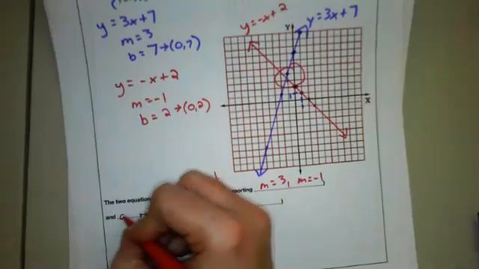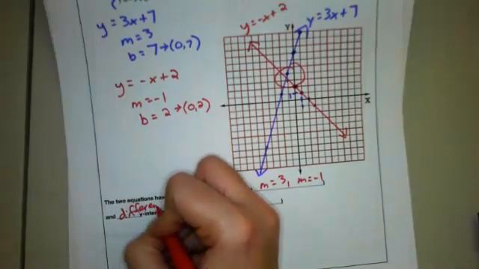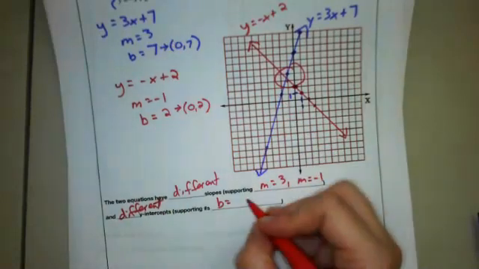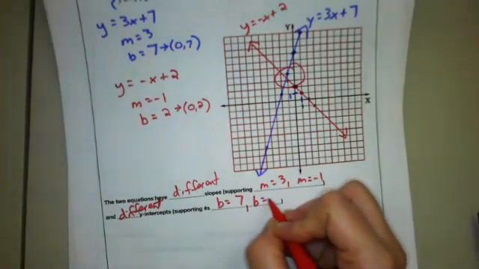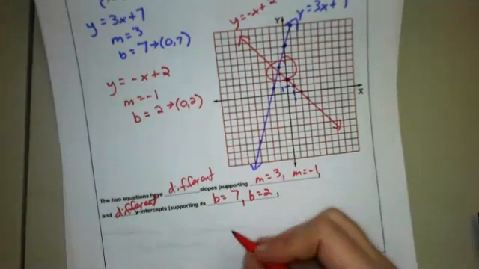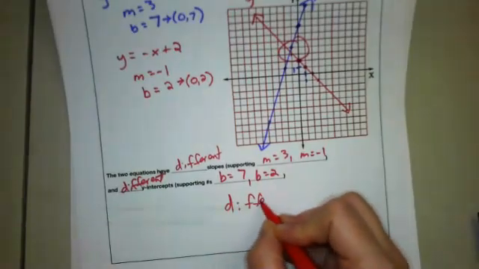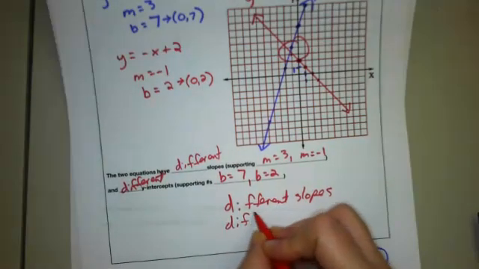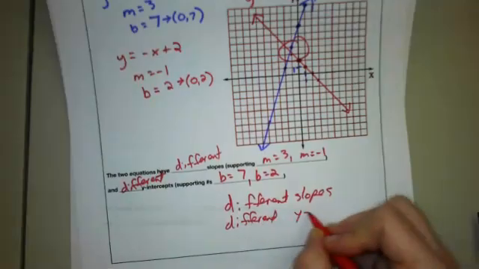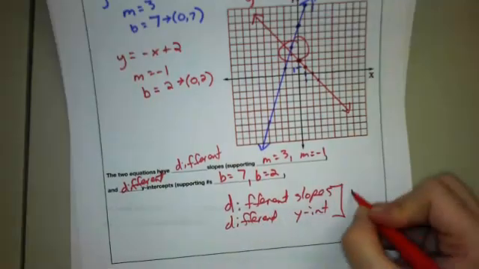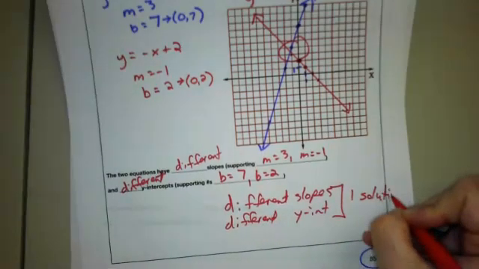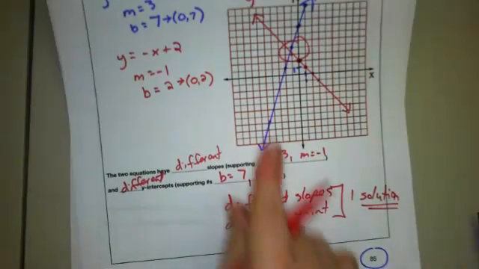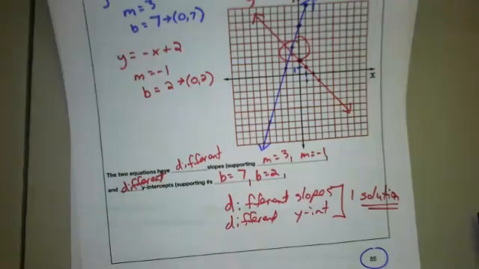And they had different y-intercepts: b equals 7 and b equals 2. So different slopes and different y-intercepts means they're going to intersect in one point, and we're going to have one solution.